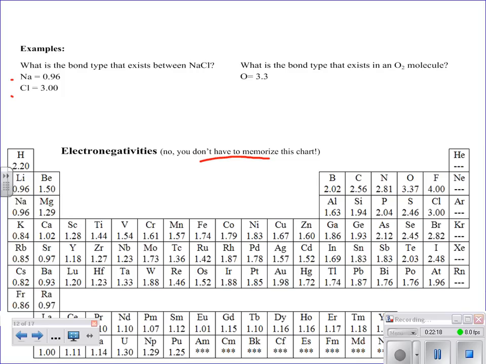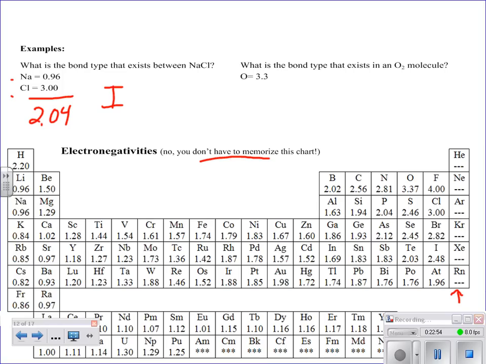I was talking to the class about how electronegativities of noble gases really do not exist because they don't want to attract electrons. So we just don't even give them values. But as far as bond types go, sodium has a very low electronegativity, doesn't attract electrons very well. Chlorine has a very high electronegativity, so the difference between these, what would that be? What type of bond? Ionic bond.